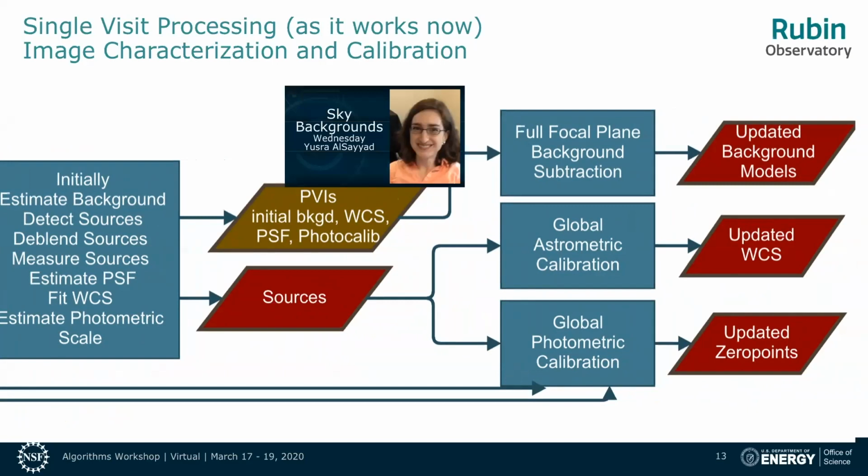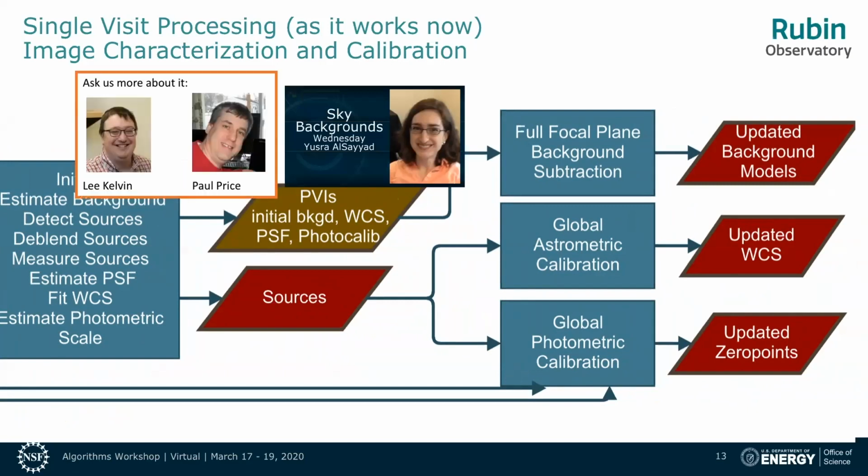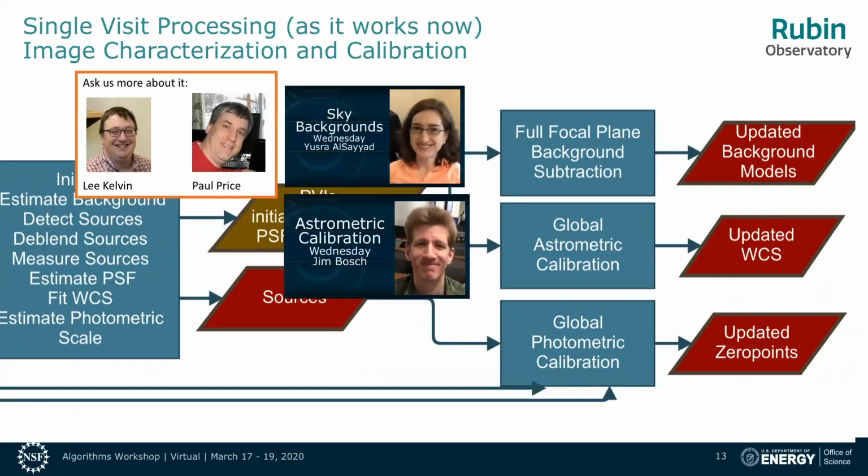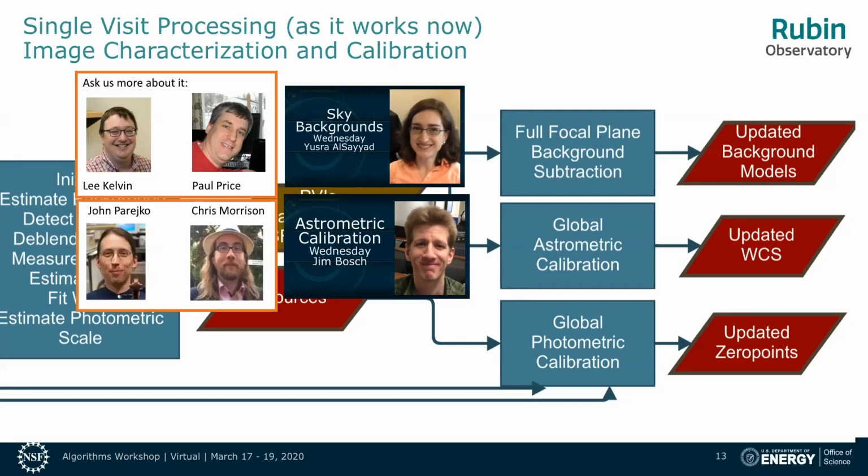Tomorrow, I'm going to introduce sky backgrounds. Jim Bosch is going to introduce project plans for astrometric calibration. We're using a Meas_astrom derivative called jointcal, and he's also going to be talking about plans for stellar motion and parallax.